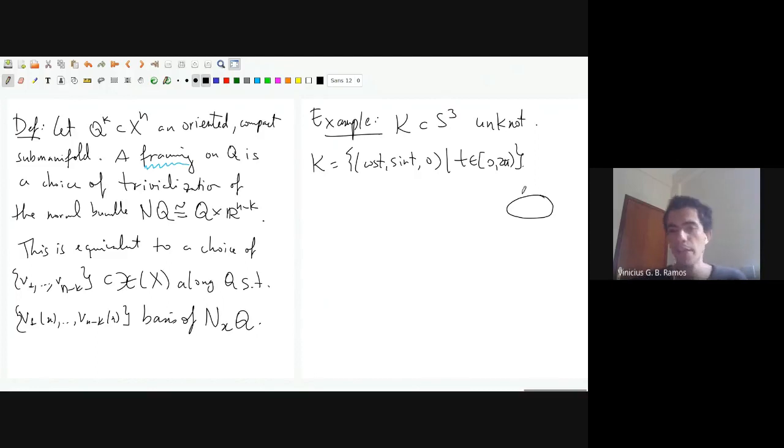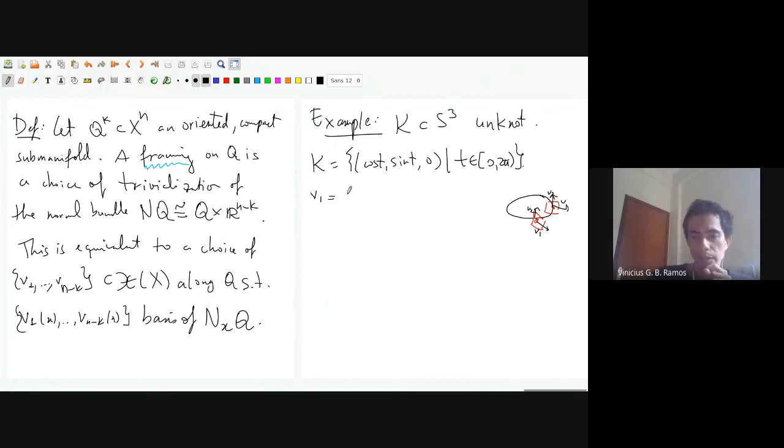And now I'm going to choose a framing. So what is a framing? Let's look at the normal bundle. I need to choose for each point along this knot a basis of the normal bundle. So I'm going to choose V1 to be this direction that points outwards, and V2, the direction that points up.